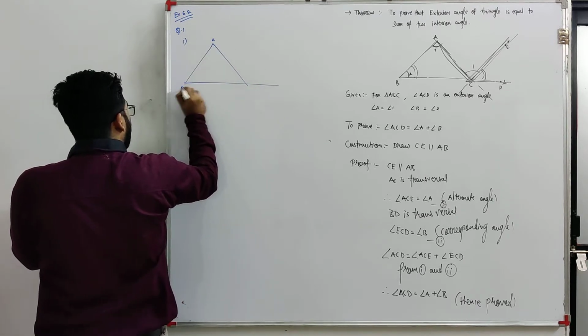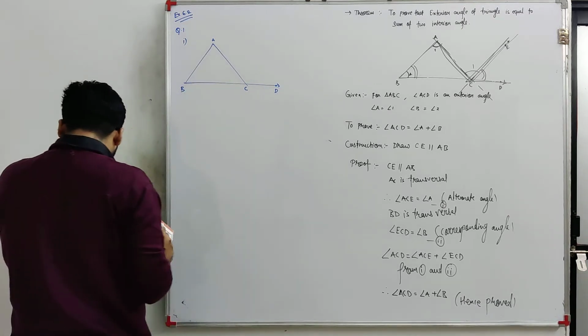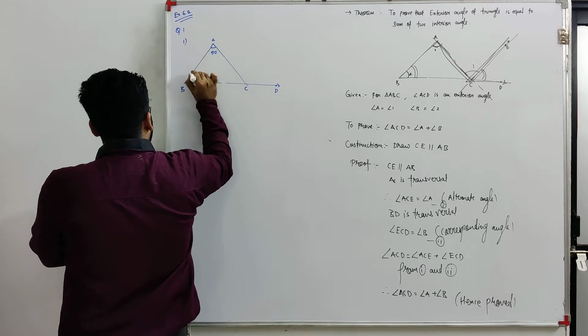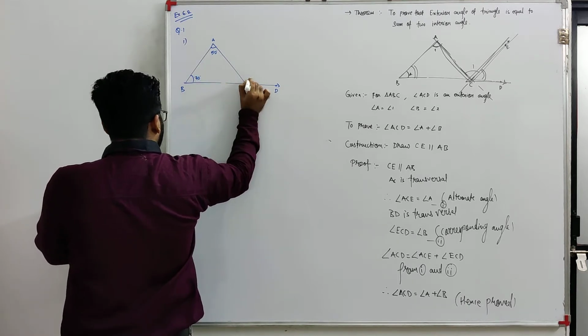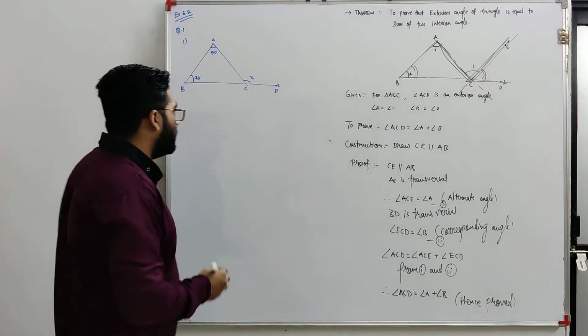here I mention the triangle. You should name all the triangles by any name, and the given angles are 50 degrees and 70 degrees, and I want to find x. So here I am mentioning all the things.